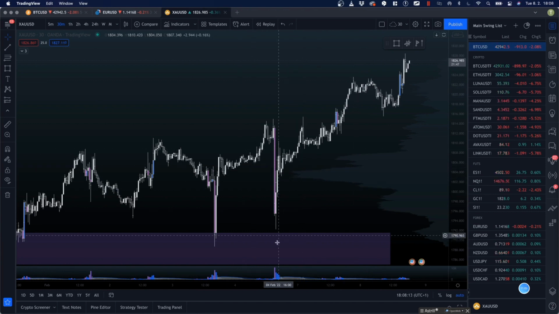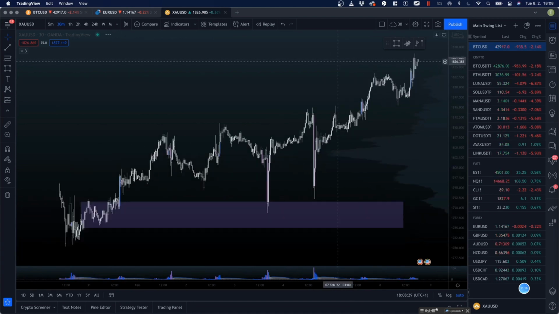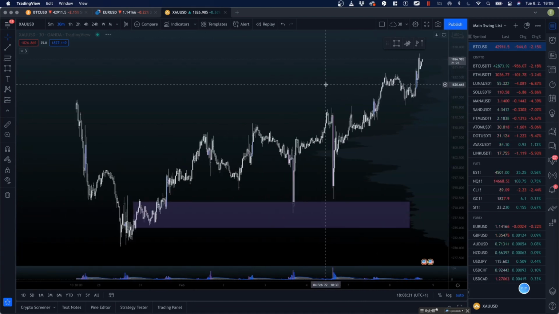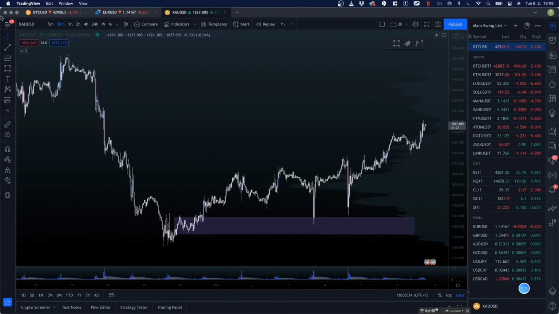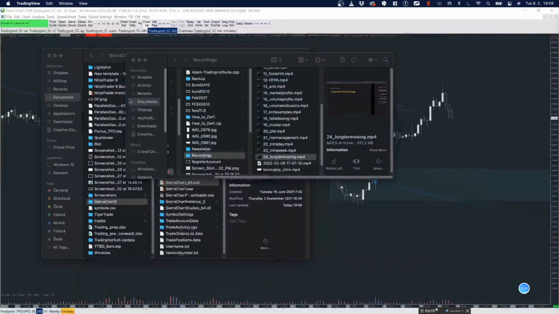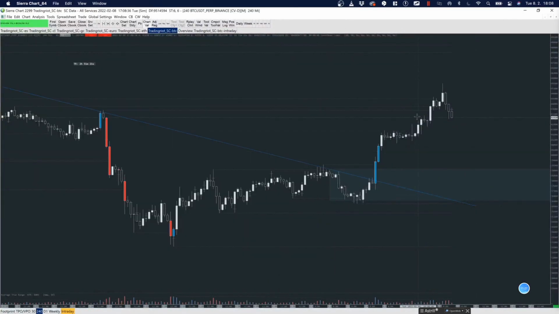My stop loss was below this low at the time, but I was not willing to risk any sort of pullback at this point, so I just closed the trade. As you can see, market pulled back but didn't run this double bottom and just continued higher. So I lost a little bit of potential profit, but it was something that made sense to me to do. So where were we?